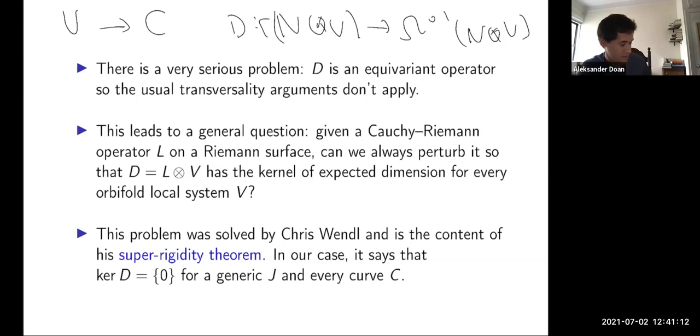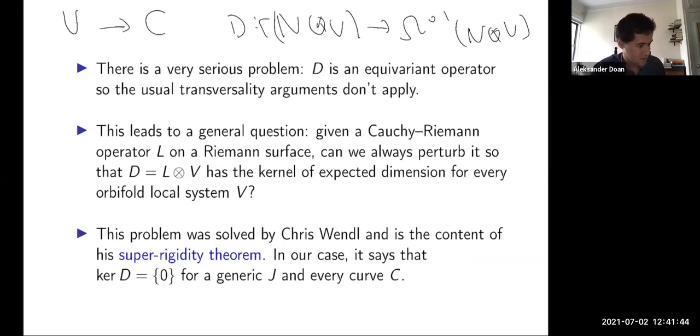So this is a hard problem, and it was solved by Chris Wendl, and it is the content of his super-rigidity theorem that you can always do that. So in our case, the super-rigidity theorem says that for a generic J, you can always guarantee that this operator has trivial kernel. And since Chris Wendl gave a talk about this a while ago, I will not say so much about the proof of this theorem.